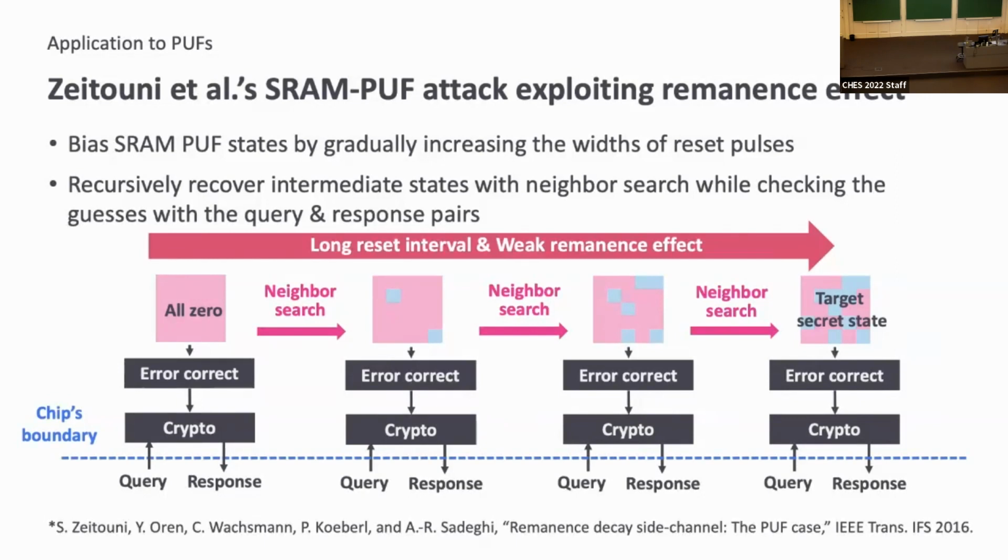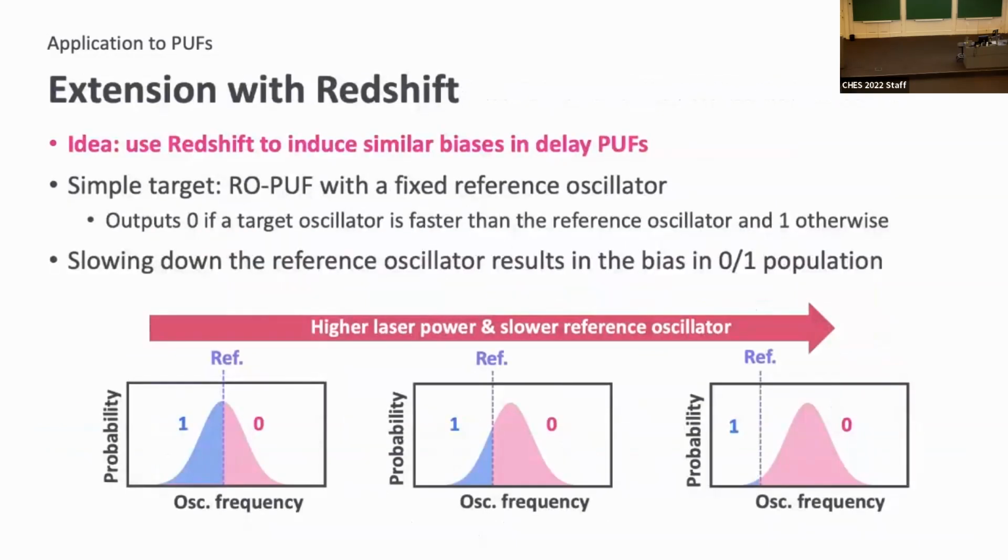The attack works with only indirect access to crypto services on the bottom. The attacker guesses the PUF state, emulates error correction and crypto to generate a hypothetical response, and compares it with a recorded one. The idea is to use Redshift to induce similar biases in delay PUFs.